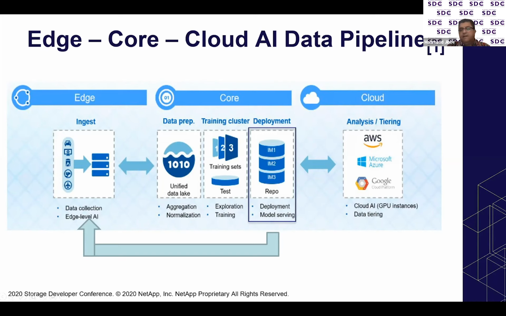And finally, critical IoT data that's transmitted to the core data center can be either regularly archived to the cloud or protected by some sort of disaster recovery solution in the cloud.